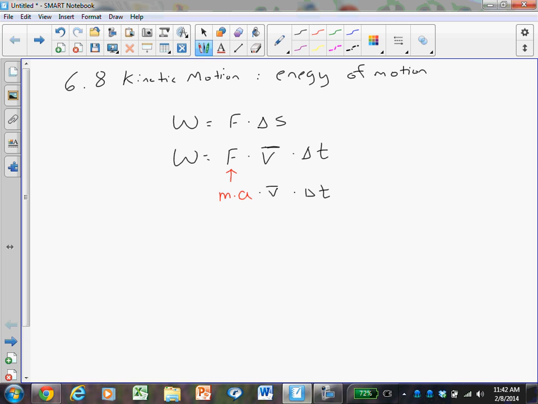But V bar is Vi plus Vf over 2, right? Well, let's take our initial to be 0, so we'll just have it as Vf over 2.